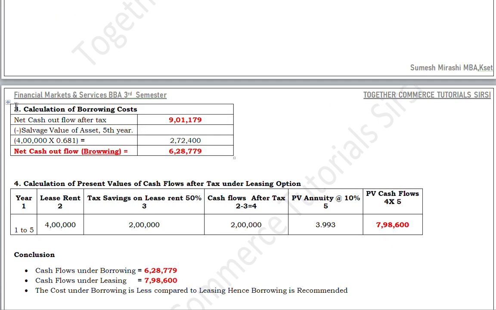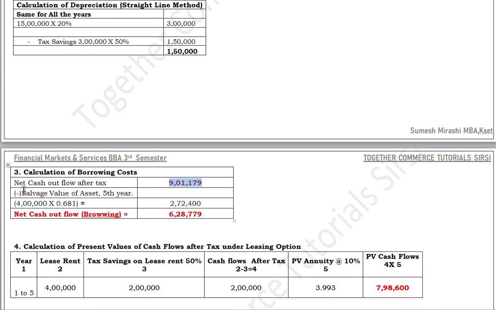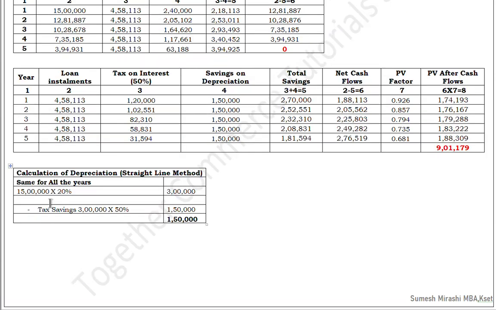Remaining steps are also the same compared to the previous problem. The next step is calculation of borrowing cost. The net cash outflow after taxes is 9,01,179. From that you are supposed to subtract the salvage value of the asset. This salvage value will be given in the question.